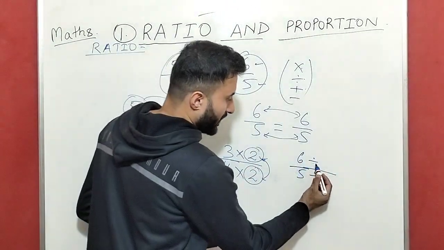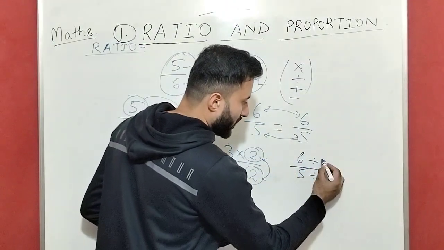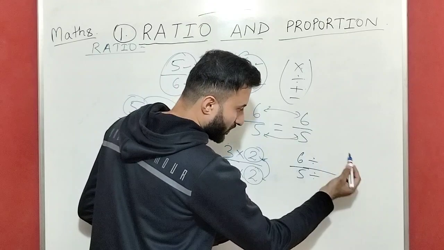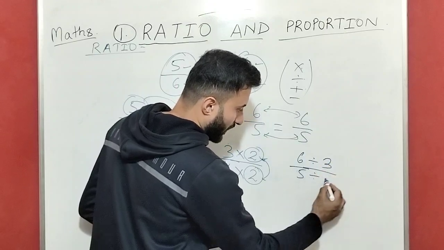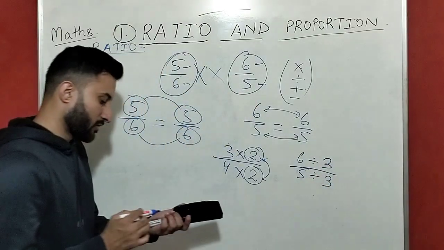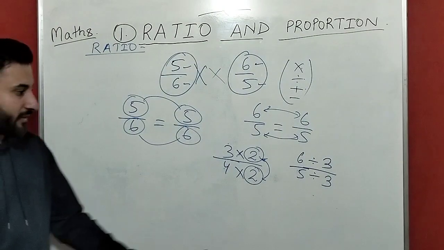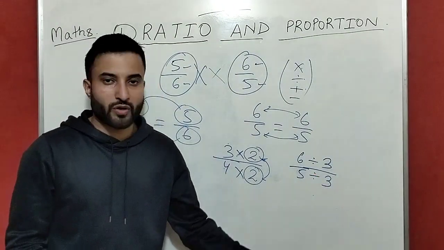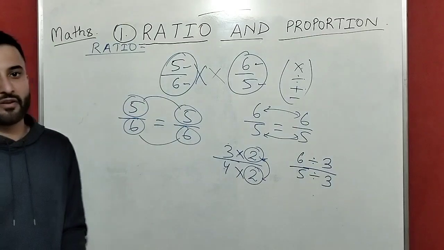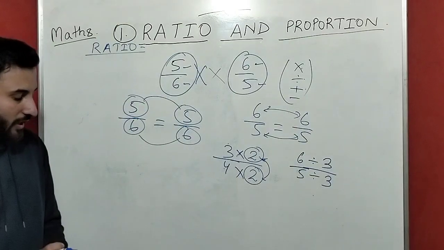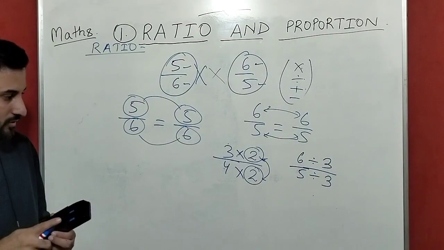Same here, if I am dividing the first term by 3, I have to divide the other by 3 also. Okay, you can't divide this by 3 and the consequent by 4. No, it is a wrong ratio process. The correct ratio process is this only.